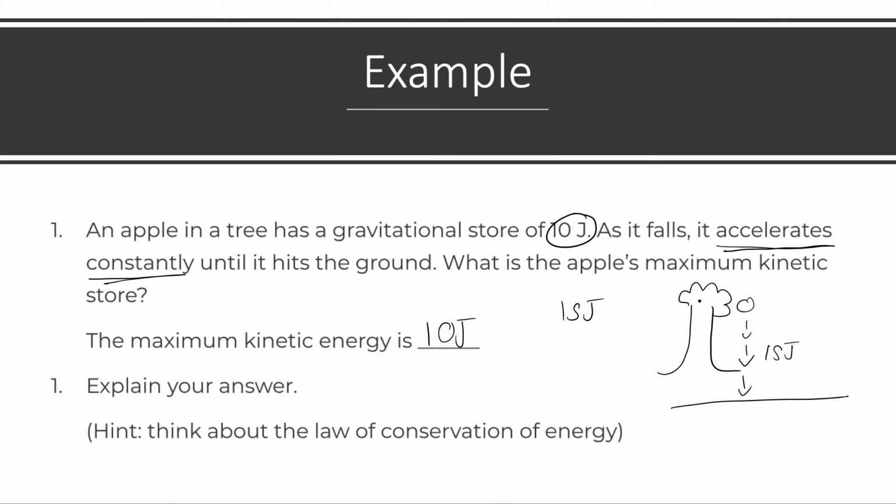The height of it is 15 joules because of its gravitational store, and it is falling at a constant speed. This means, according to the conservation of energy law, this will not change until it hits the surface of the ground. Then the kinetic energy will start to decrease and the apple eventually stops.